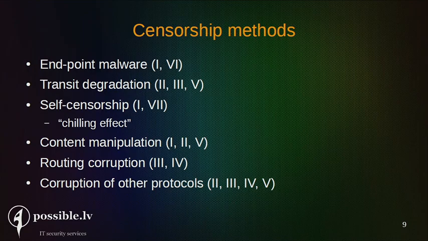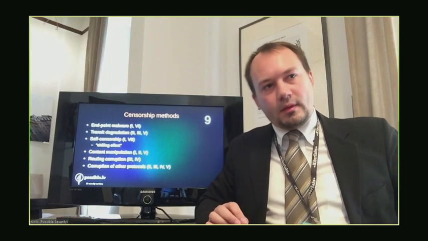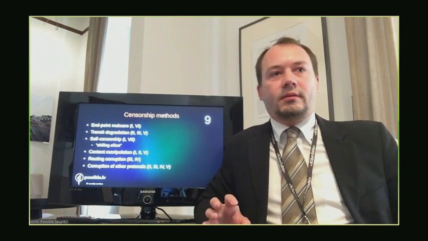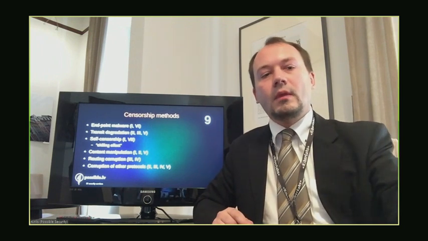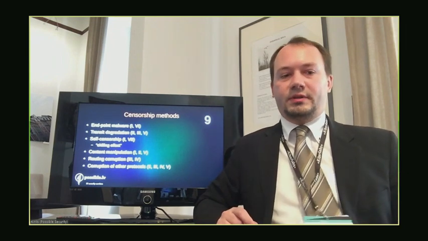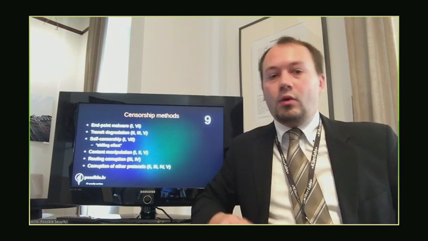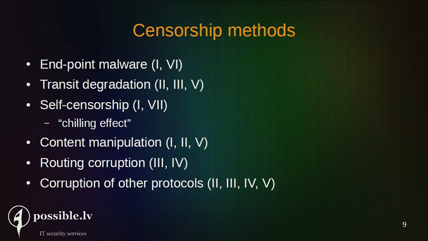So different censorship methods, depending on where they are employed, are the following. Endpoint malware can be used either at the content end or at the user's machine end. And some countries actually use that to enforce censorship upon people.